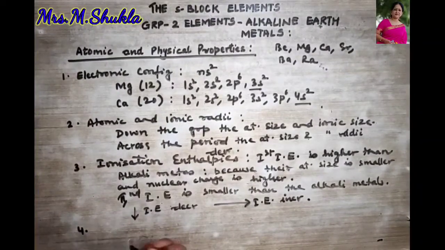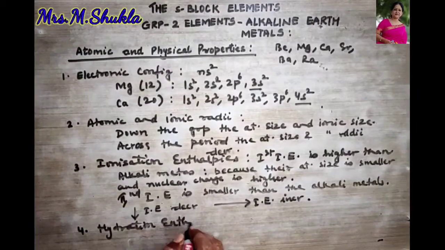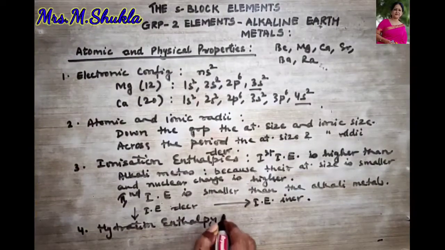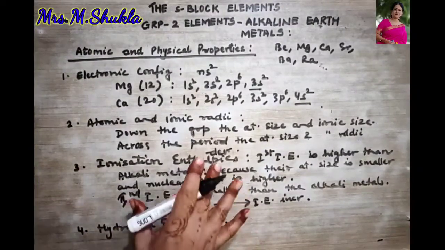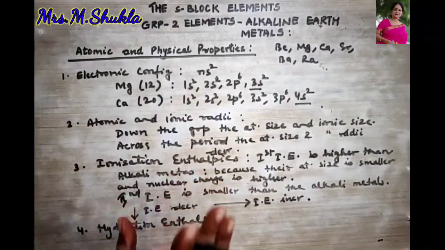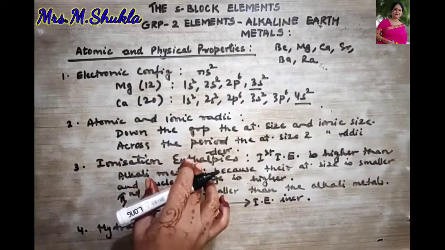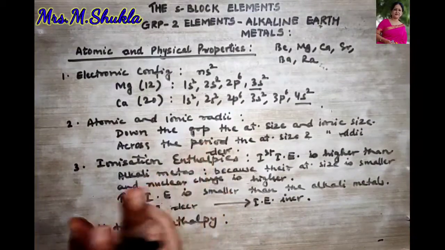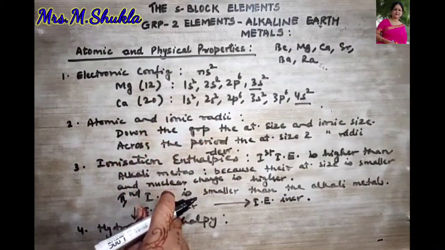Let's come to the fourth point, that is hydration enthalpies. Now, like alkali metal cations, the hydration enthalpies of alkaline earth metal cations decrease on moving down the group.